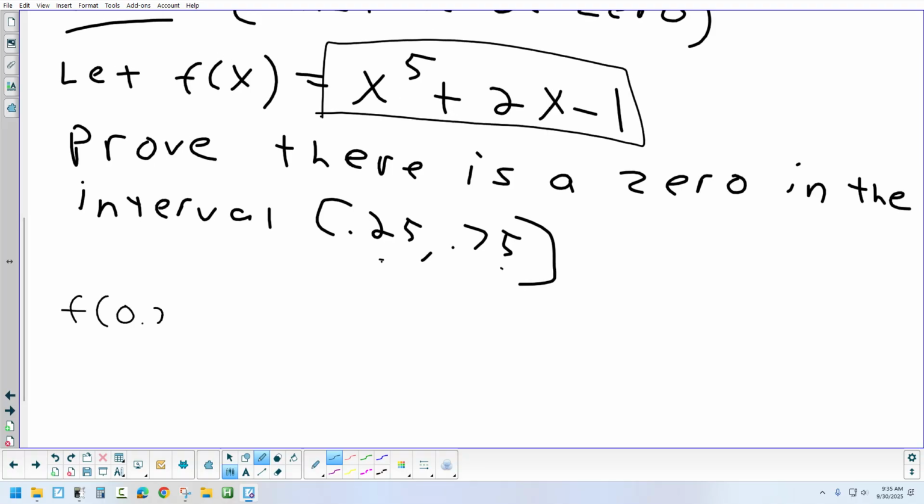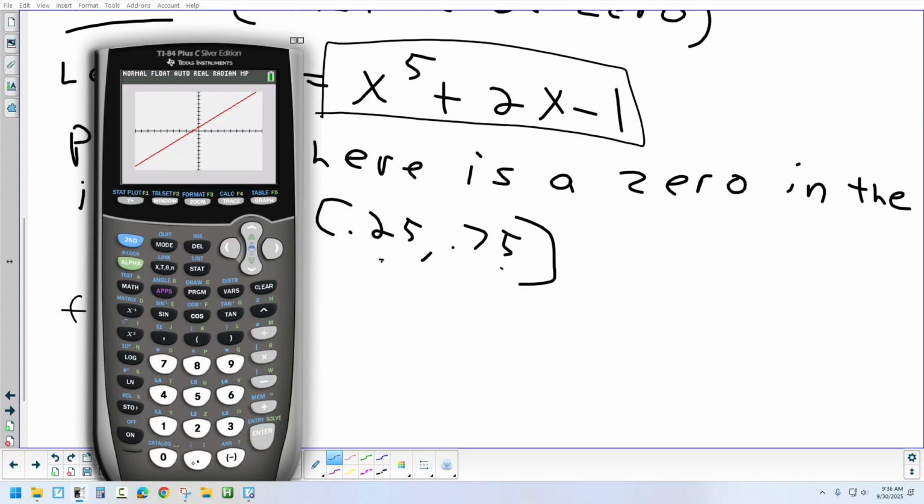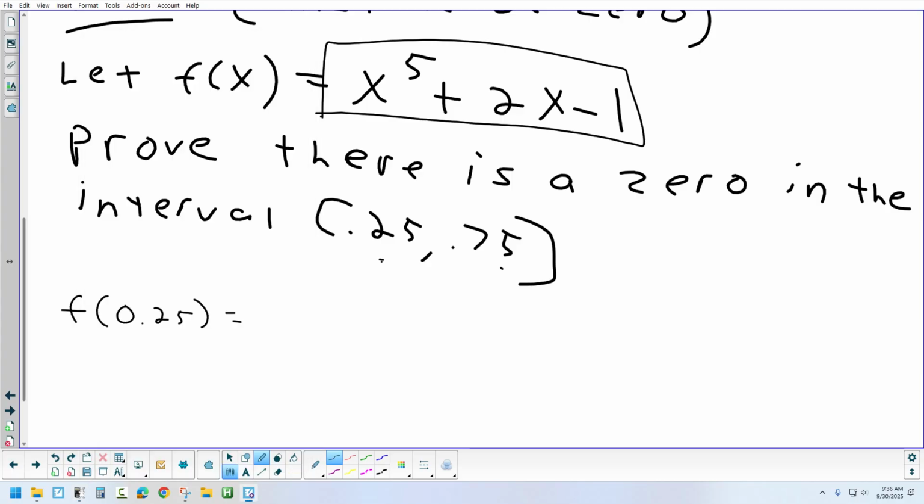So let's do 0.25 first. 0.25 raised to the fifth plus 2 times 0.25. Let's do that part, and then subtract 1. Okay, so that's about negative 0.5.